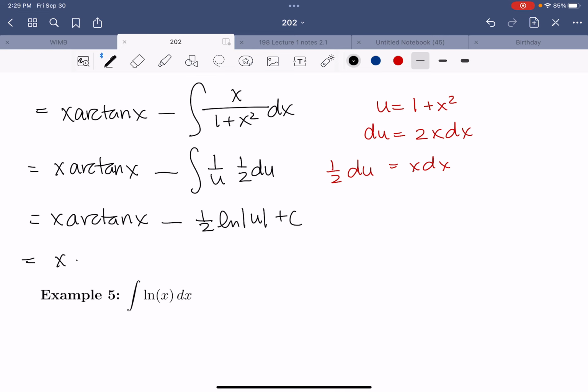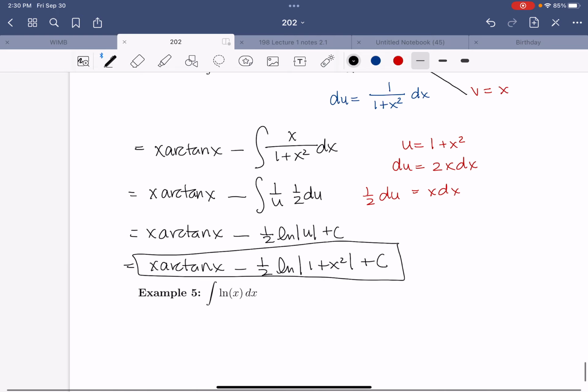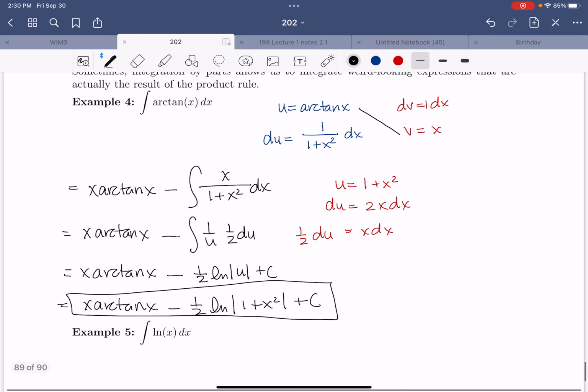This becomes x arctan x, minus 1/2 the natural log of 1 plus x squared, plus a constant. Okay. So no wonder we don't know what the antiderivative of arctan x is. It's a little bit complicated.